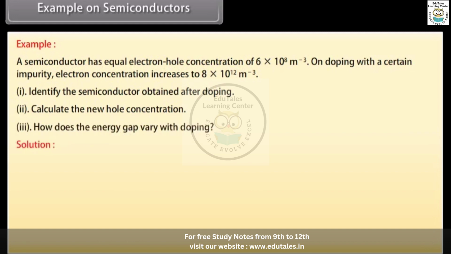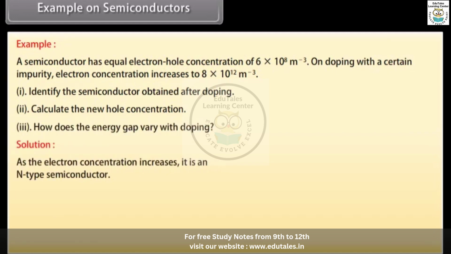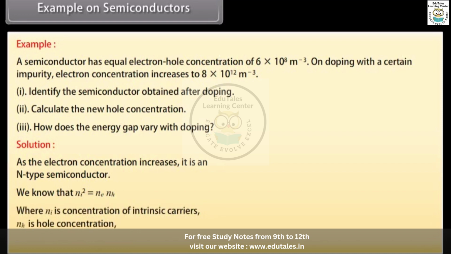Let's see the solution. As the electron concentration increases, it is an N-type semiconductor. We know that Ni² is equal to the product of Ne and NH, where Ni is the concentration of intrinsic carriers, NH is the hole concentration, and Ne is the electron concentration.